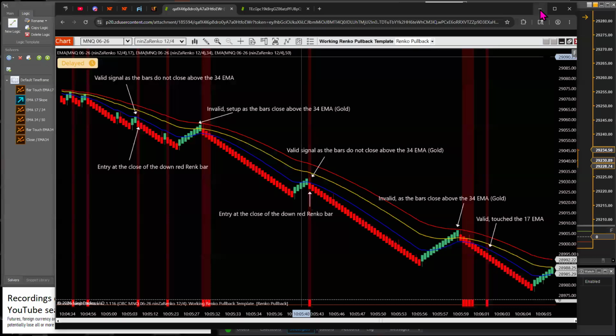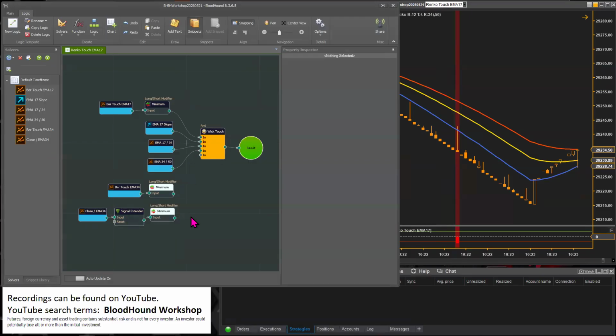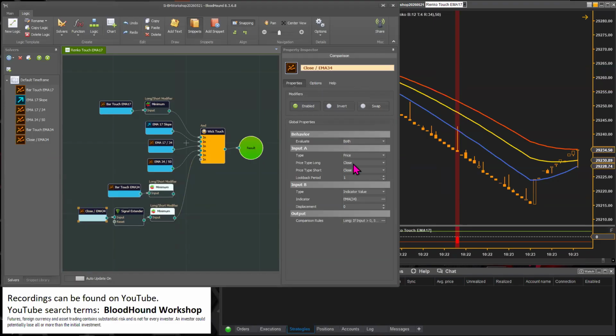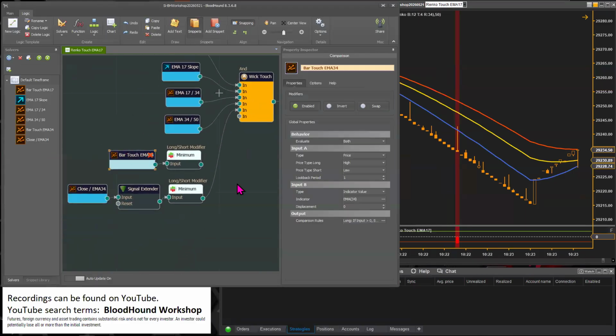So it sounds like probably what you want is to use the filtering mechanism that looks at the closing price of the bar instead of the high or low. So remember the bar touch is looking at the high and the low of the bar, whereas this method down here is actually looking at the closing price.